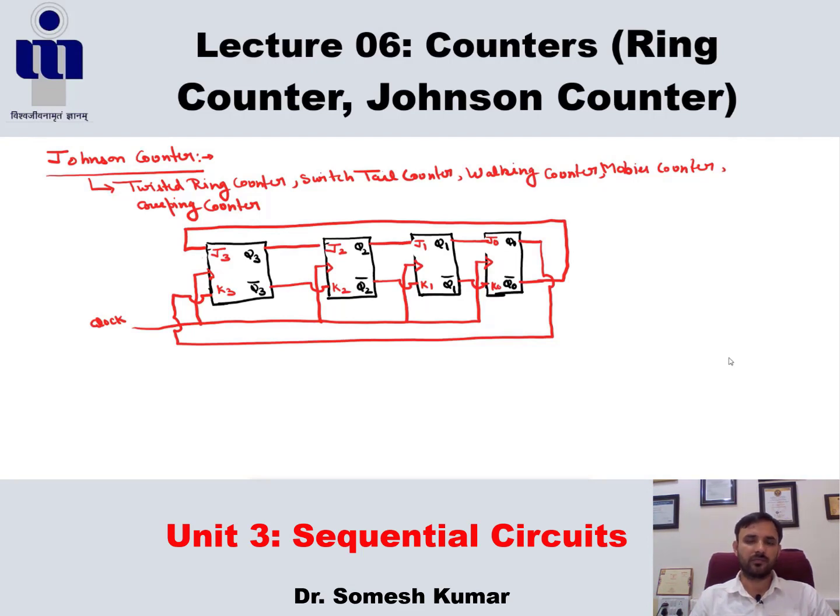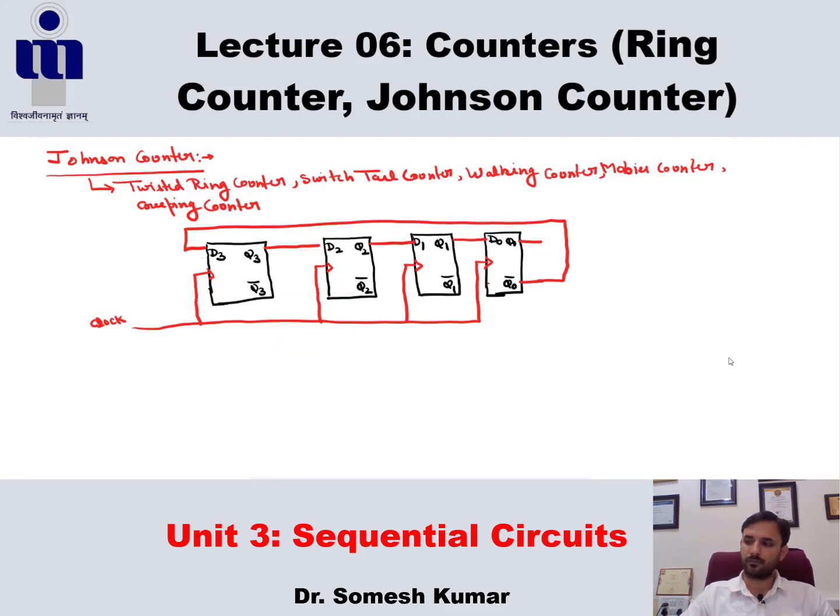Fine. Now we will study the truth table of this Johnson counter. In the truth table, first we denote the clock, Q3, Q2, Q1 and Q0. Fine.